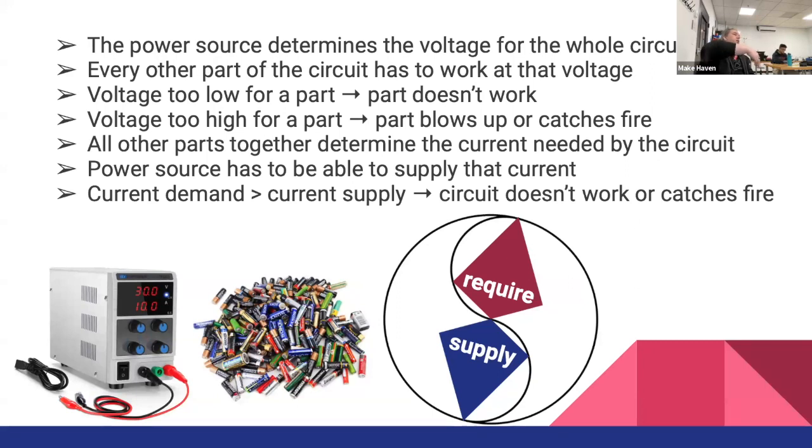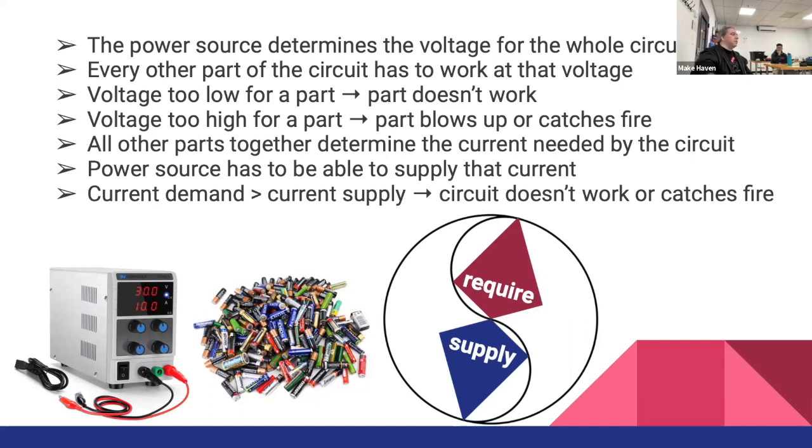But once that voltage is determined, all of the components that are connected to that circuit have to work at that same voltage. If the voltage supplied is too low, then it's probably not going to work. LEDs that don't have enough power won't light up. If the voltage is too high, it may work, but it may start to heat up because all of that extra energy has to go somewhere.